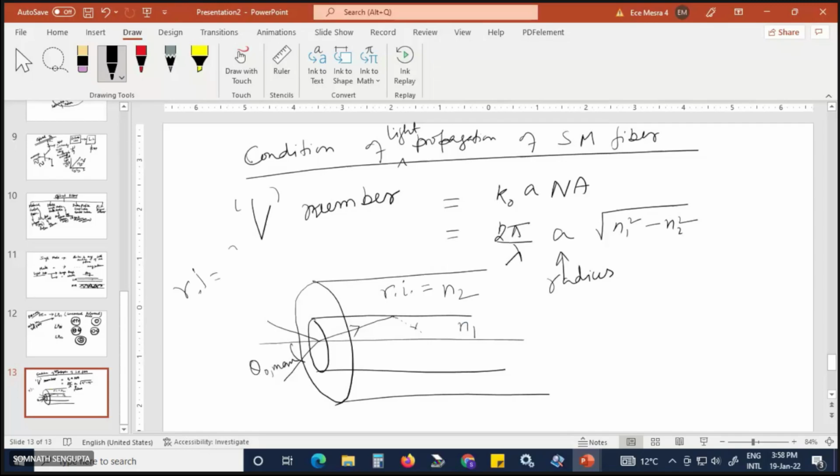That is c by v, that is velocity of light in free space by velocity of light in medium. So this is N2 and N1. That is core, and it is surrounded by cladding. Refractive index is N2.